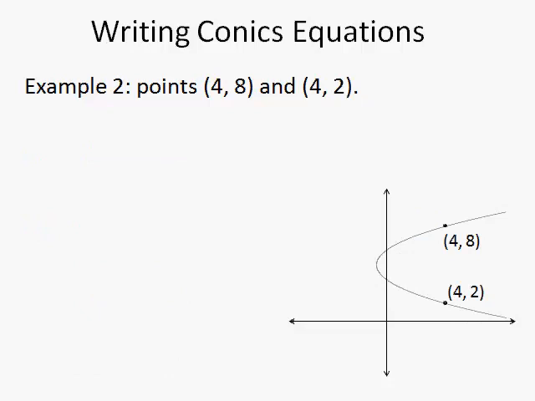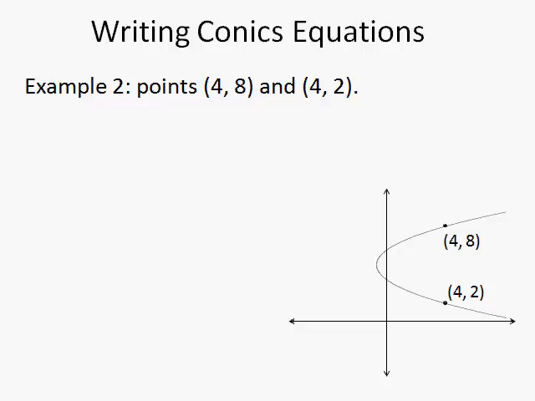If we have 2 points like this, then they are on the same vertical line, but we can't pin which of the various parabolas it is from 2 points until we're given another piece of information.